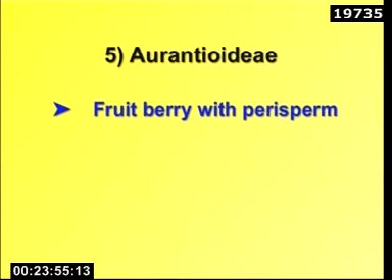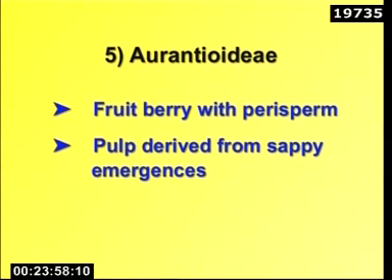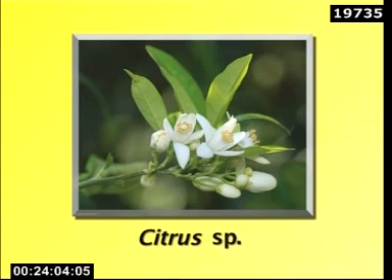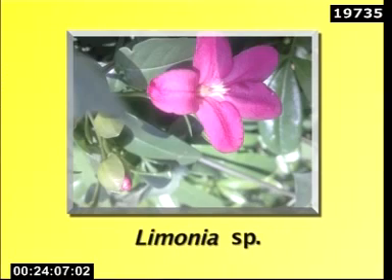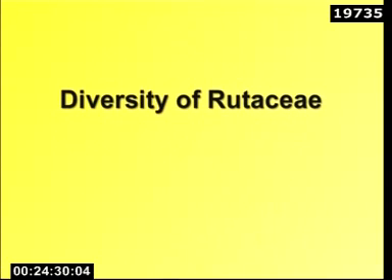The fifth and the last subfamily is the Aurantioideae, in which the fruit is a berry with pulp derived from sappy emergences of the carpel wall, as is seen in Citrus, Aegle, Limonia and Feronia. However, recent analyses using molecular, chromosomal and phytochemical evidence have shown Aurantioideae as a monophyletic group, but not Rutoideae, Toddalioideae and others. We will talk about the diversity of the family Rutaceae.